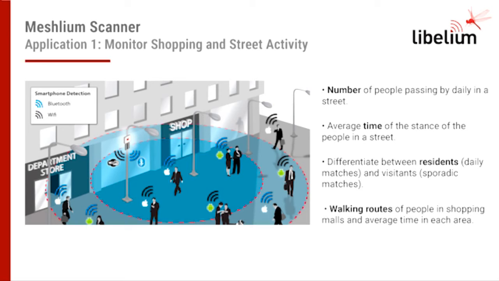And when we are talking about shopping centers, that is a very useful information because we will be able to know what are the hottest areas of a shopping center.